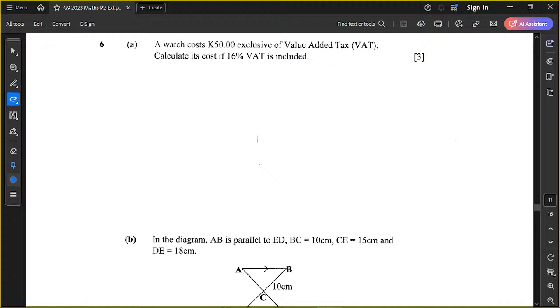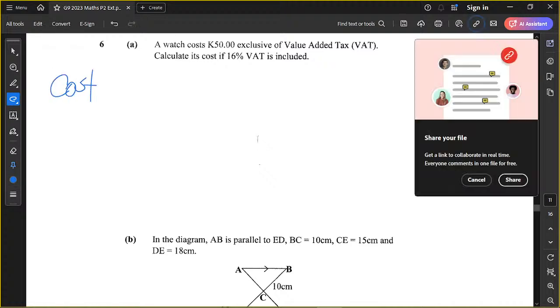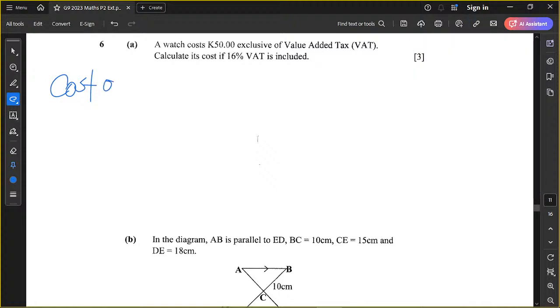So we're going to say cost of a watch is equal to, so that is the price without VAT, which is 50 kwacha, plus VAT.